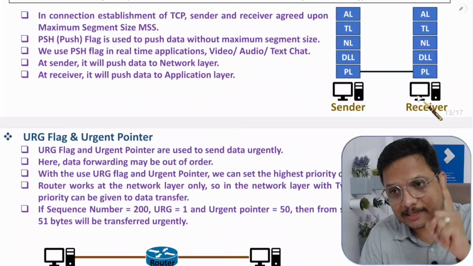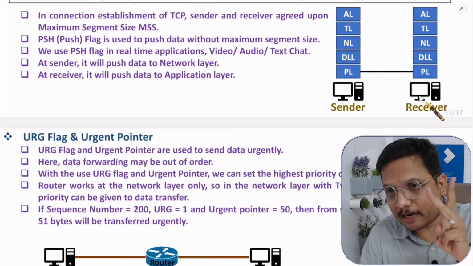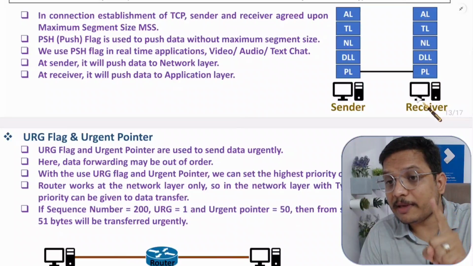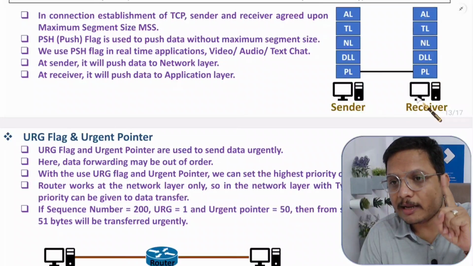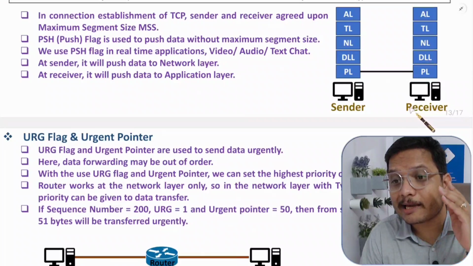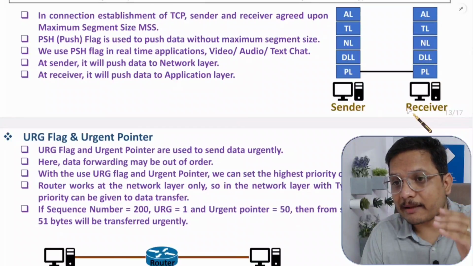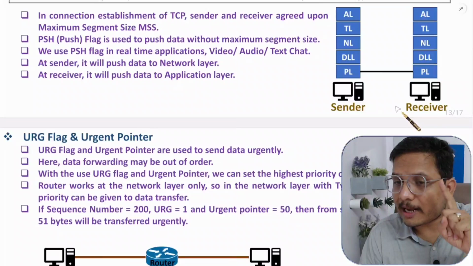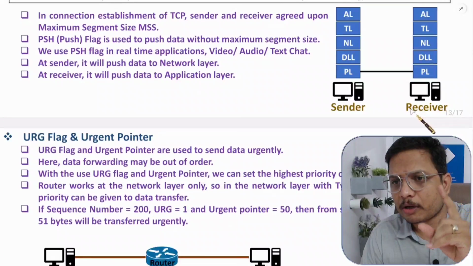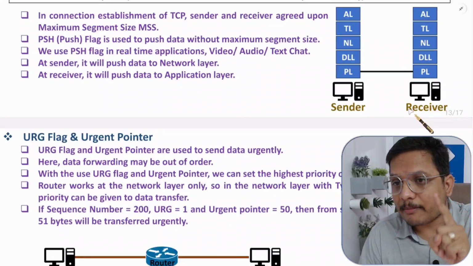First is connection establishment, second is data transfer, and third is connection termination. So when we have connection establishment, at that time, sender and receiver both have agreed upon maximum segment size. Before transmission, sender and receiver both have agreed upon maximum segment size.